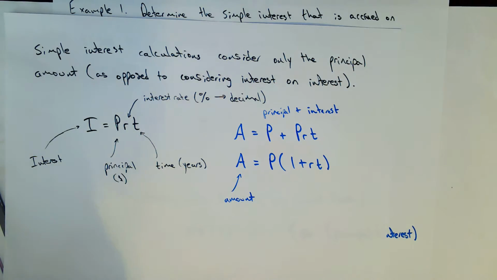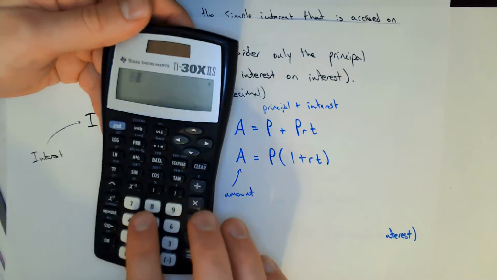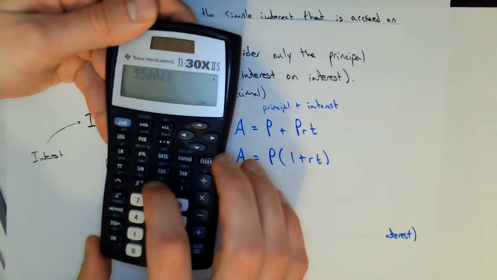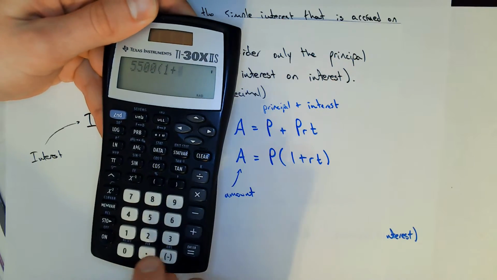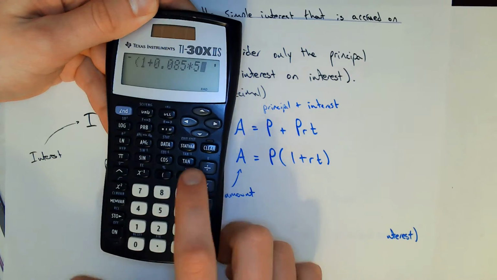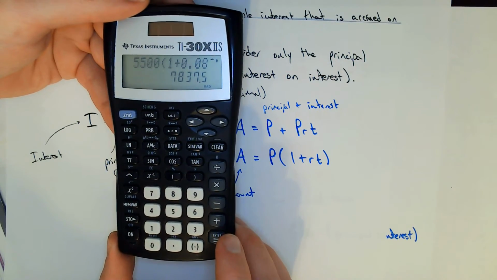If we look at the calculator, P is 5,500, and then parentheses 1 plus R, which is 0.085, and then times T, which is 5, then close my parentheses, and there it is. It does it for me all at once.